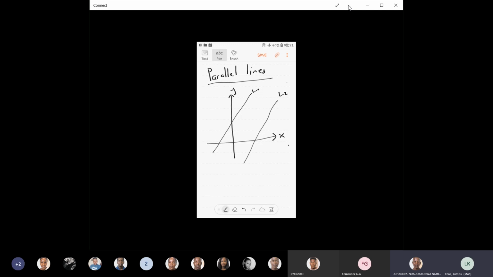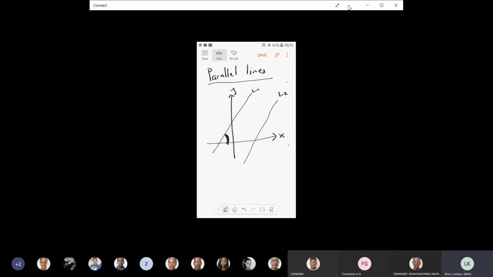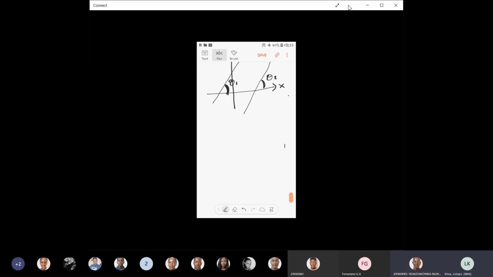Now in order for these two lines to be parallel, the inclination has to be the same. Remember, the inclination is this angle that it makes with the positive x-axis. So here I have theta 1 and over there I have theta 2. So if they have the same inclination, then it means that they are parallel. So theta 1 is equal to theta 2.